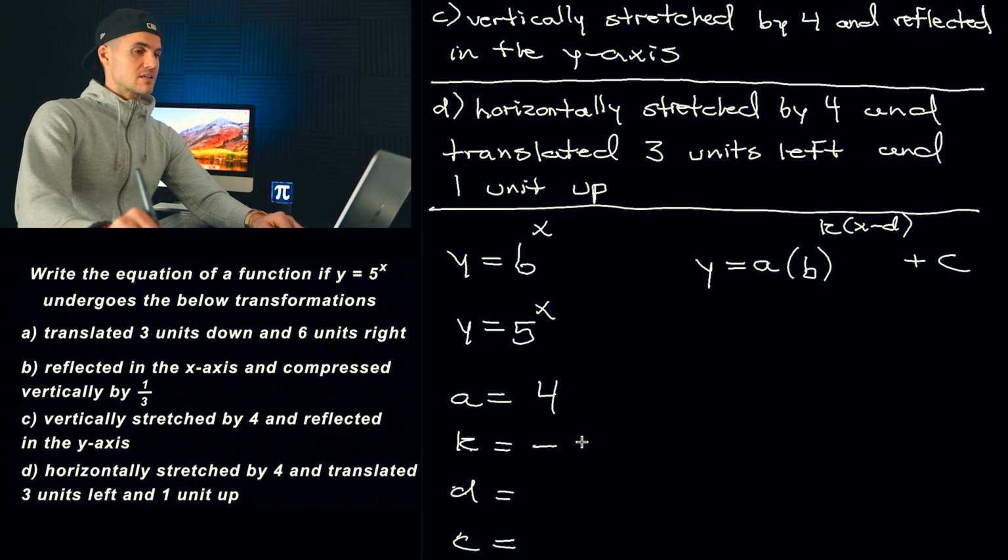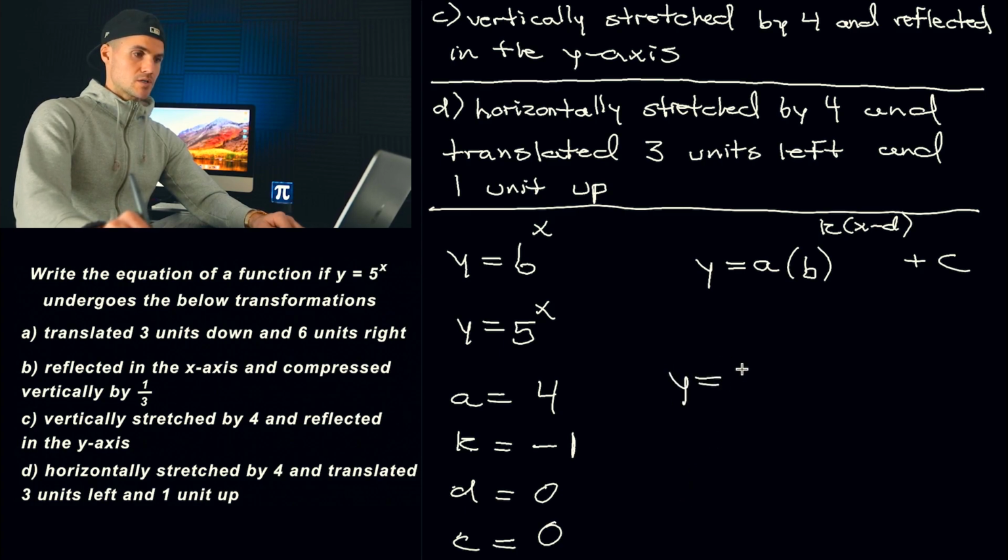And there's nothing else given, so even though the k value is negative, it stays as the 1, as that default value, so it's just going to be -1, and then there's no translations left or right, up or down, d value, c value. Those are both 0. And yeah, that's pretty much it.